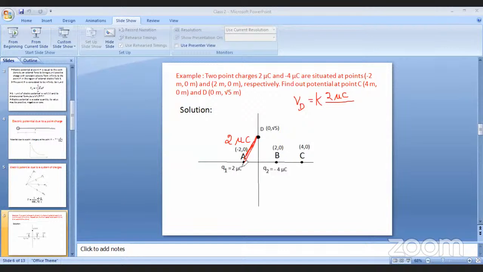How will you calculate the distance? You can apply the Pythagoras theorem.